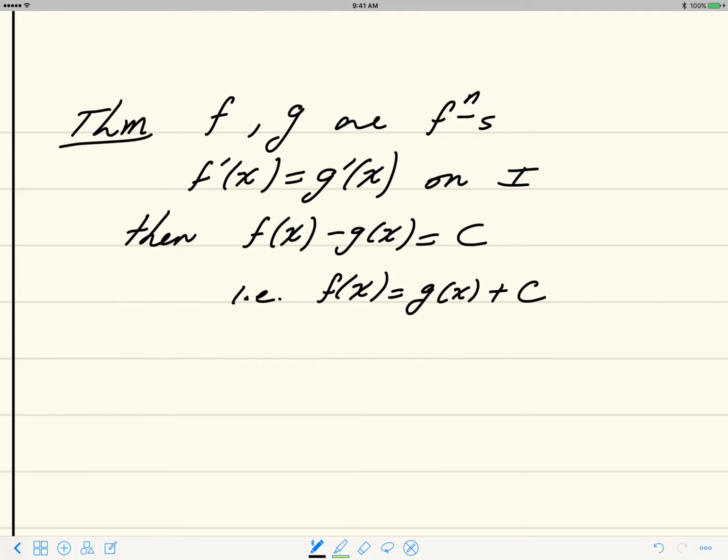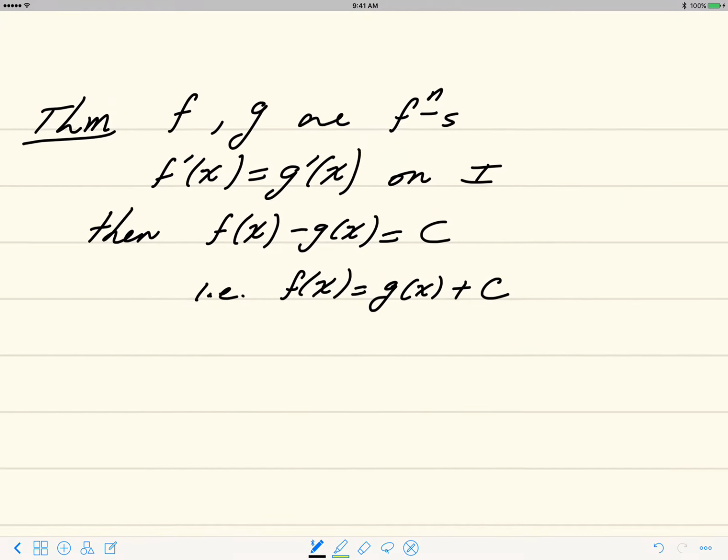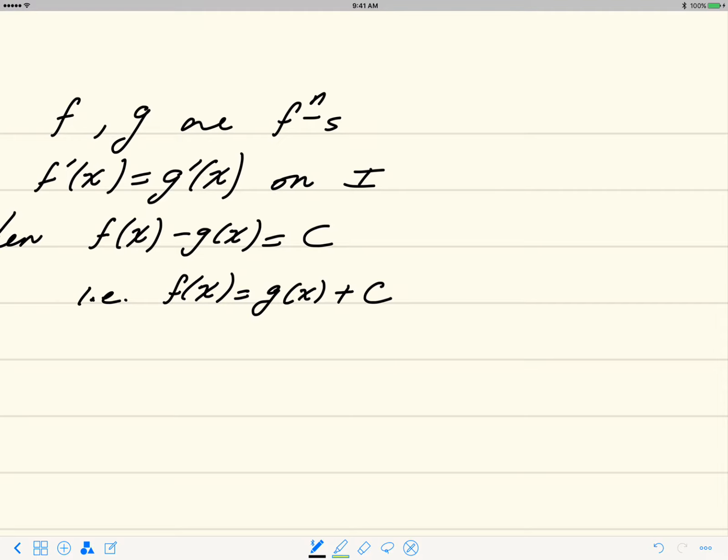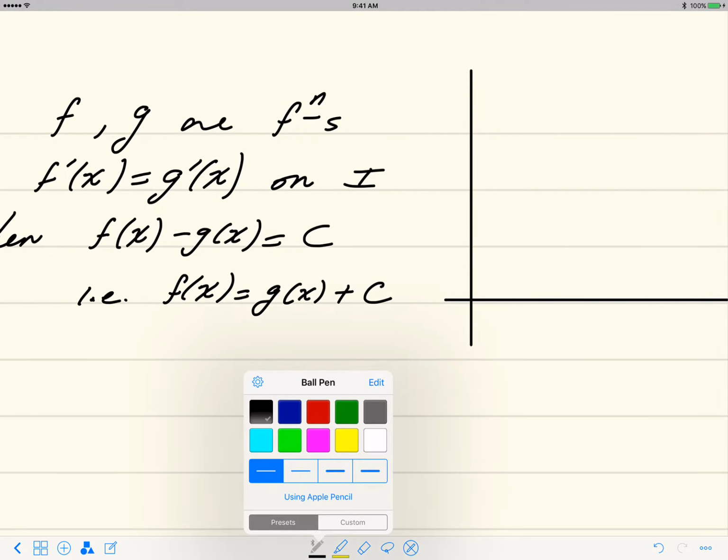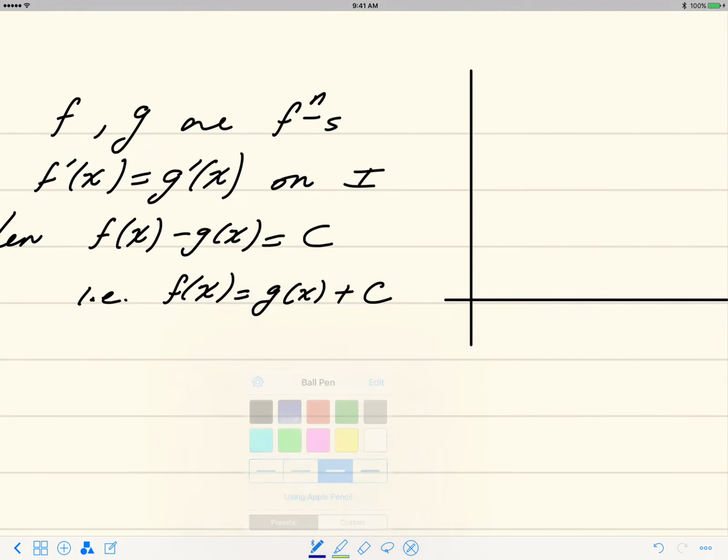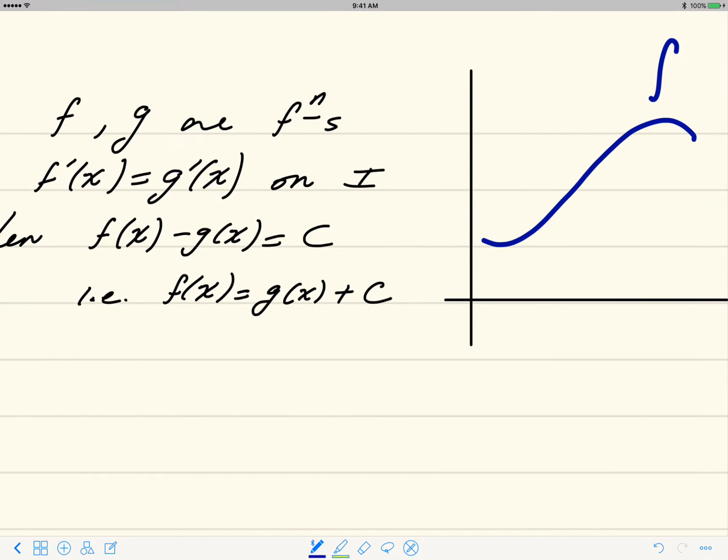Okay? Now, let's draw a picture before we prove this theorem to see why it actually intuitively makes sense. Here's a function f. Or I can call this function g. Let me call this g.